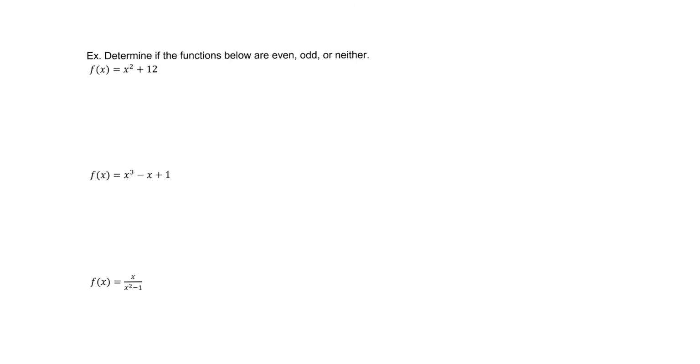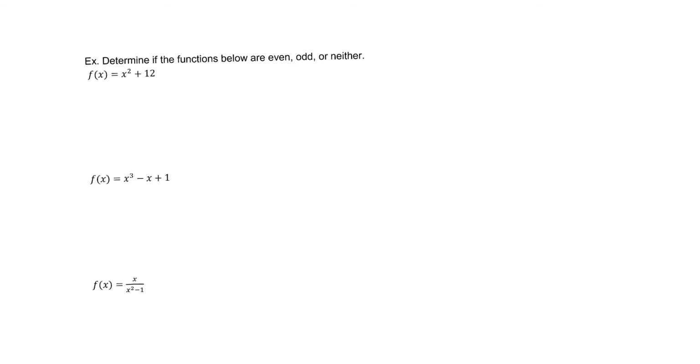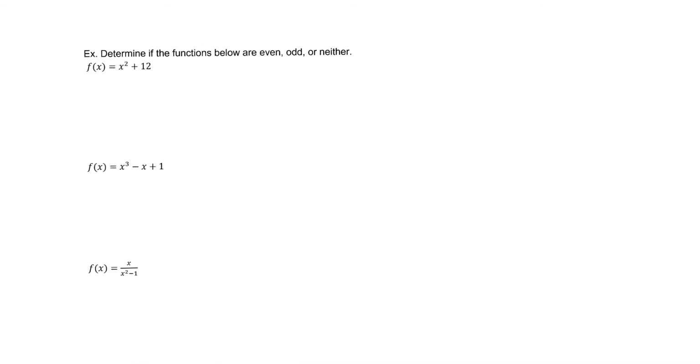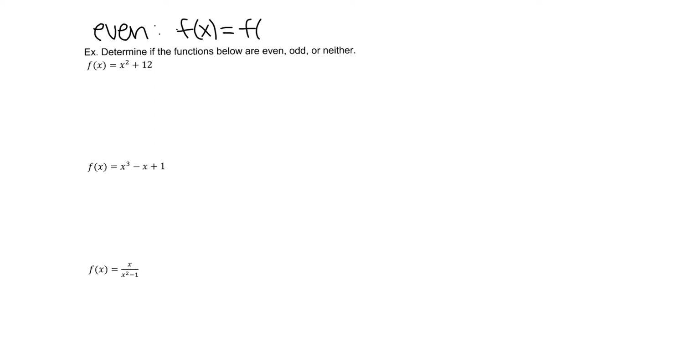So let's go ahead and test some functions to determine if they're even, odd, or neither. If we remember from the front, a function is even when f of x equals f of negative x, and a function is odd when negative f of x equals f of negative x.